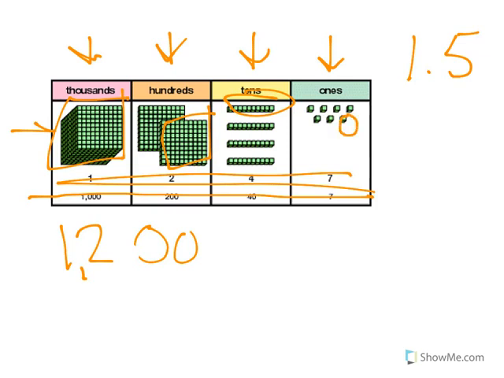So if I have the number 1,200, it wants to know how many hundreds pieces I would use. Now, this is the key to this. We're going to look at how many hundreds. If I've got the number 100, how many zeros are in the number 100?